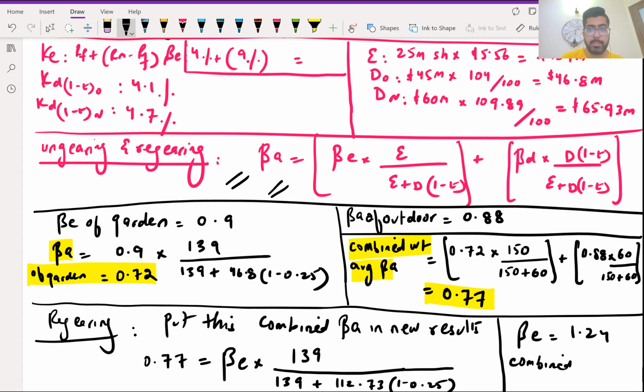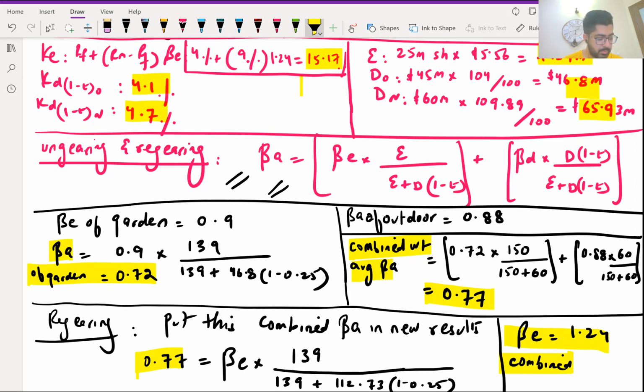I will say this is combined beta equity. Why? Because I used combined beta asset, so I got combined beta equity 1.24. This reflects both units. I can put it in KE equals RF plus RM minus RF into combined beta equity 1.24, which gives 15.17%. I've got all 6 things. Now I have to just put it in the WACC equation above to get the WACC following new bonds are issued.